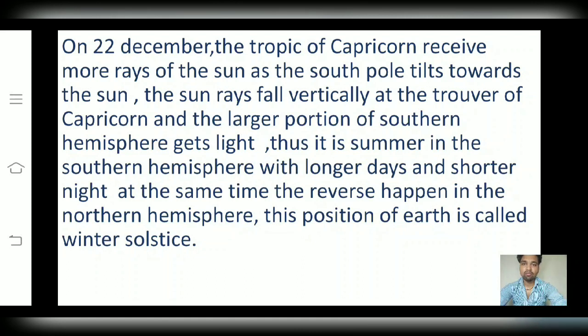So friends, what about on 22 December? The Tropic of Capricorn receives more sun rays. It means on 22 December, the southern hemisphere is inclined towards the sun, and the sun rays fall vertically on Tropic of Capricorn.